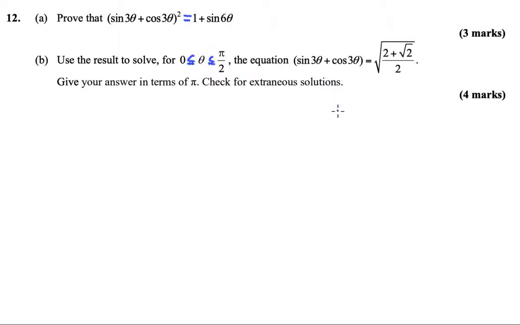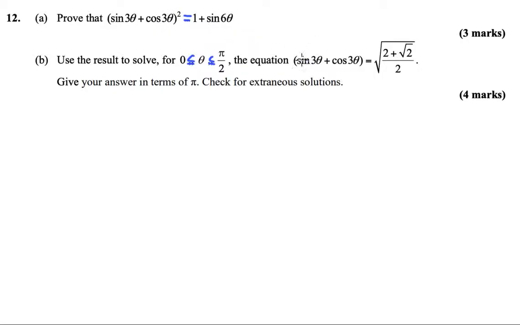Okay, for part B, it says use the result and for the range of 0 to pi over 2, solve this equation. So sine 3 theta plus cos 3 theta equal to the root of 2 plus root 2 over 2. We've got that sine 3 theta plus cos 3 theta squared is equal to this.